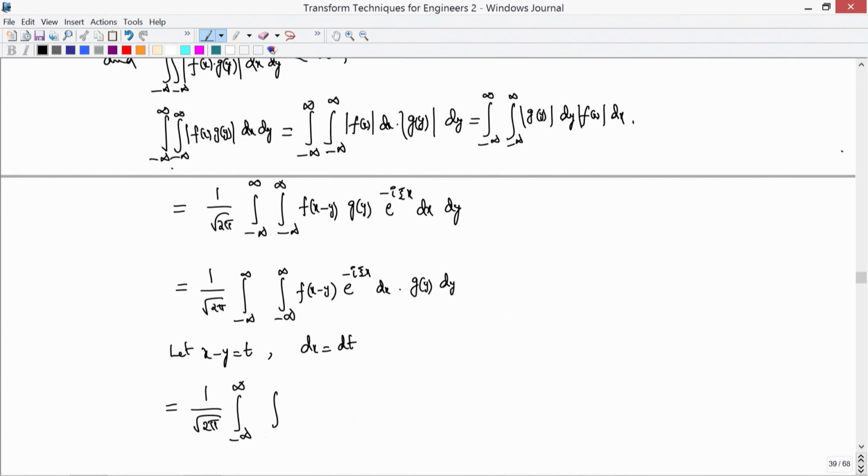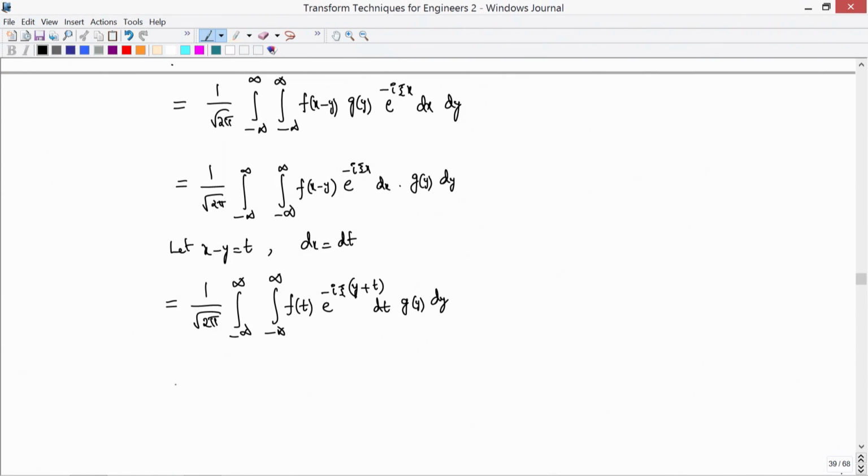So, that is minus infinity plus infinity minus fixed y, which is actually infinity. So, limits will not be changing, you have f of t and e power minus i xi x becomes y plus t, and you have dx is dt and g of y dy.